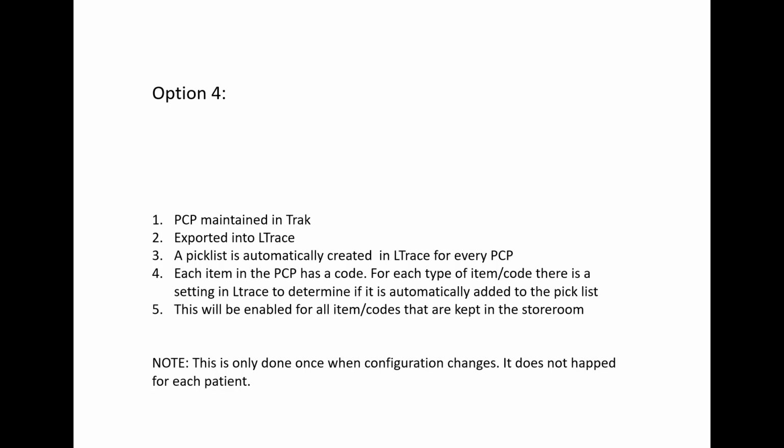And what I just need to stress is this is done once, the interface for when you're configuring the changes. So it's not information that we're going to pull out every single day for every single procedure. We're going to basically set up the PCP, and that will automatically flow through to set up the pick list in LTrace. And each time you change the PCP in Track, that's when the changes happen.